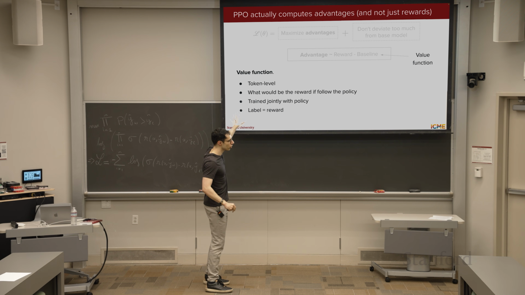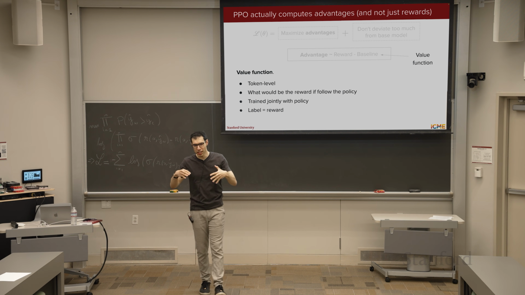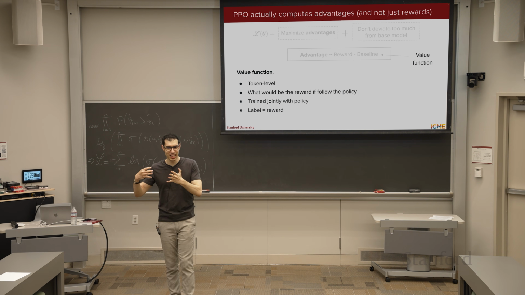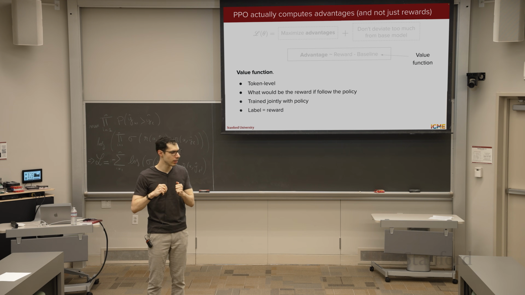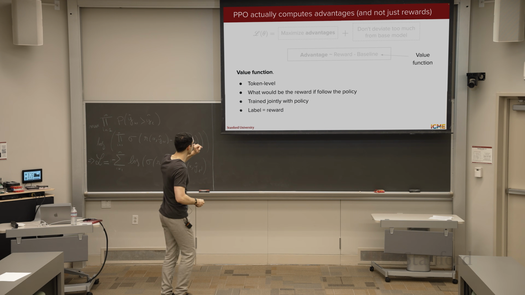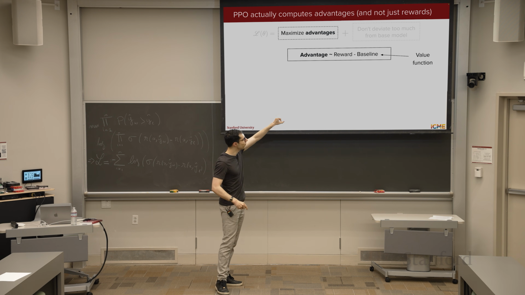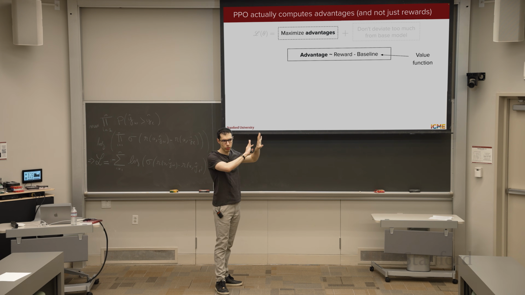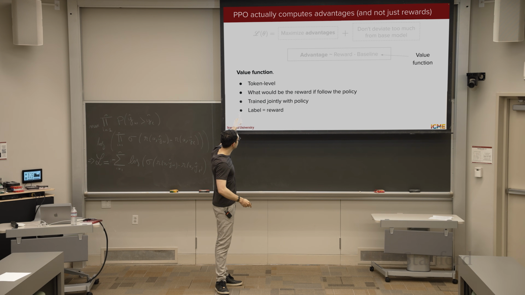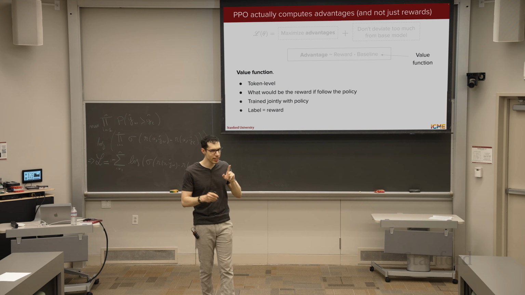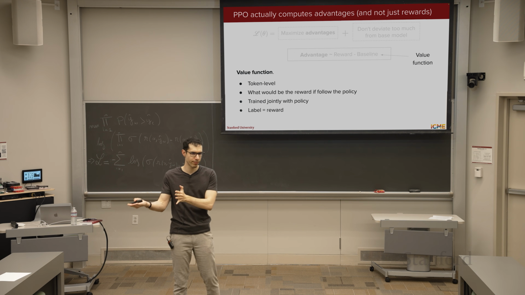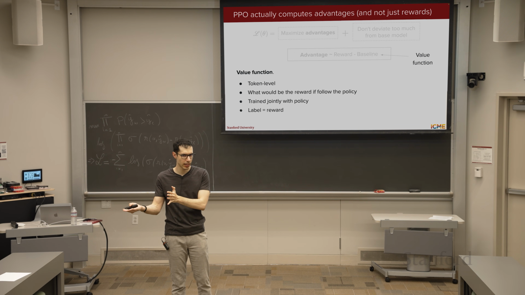This value function is something you will see in papers as something people have to train when they do PPO. It's needed to compute the advantage I mentioned above, and it is typically trained jointly with the policy.